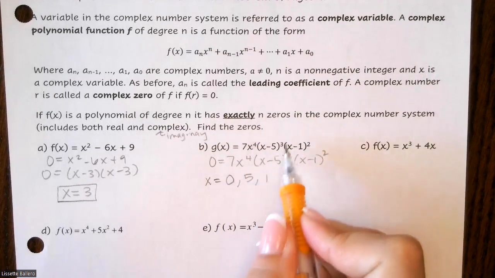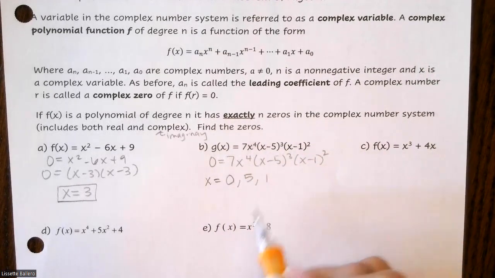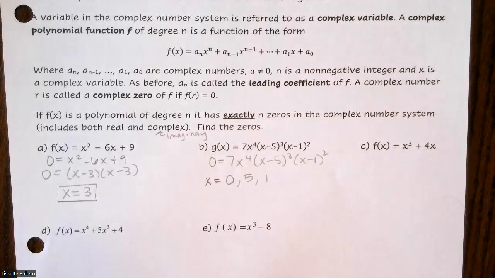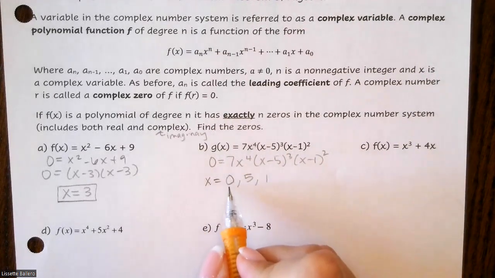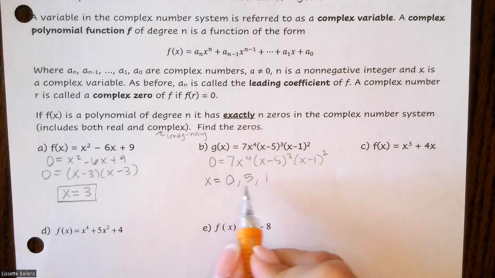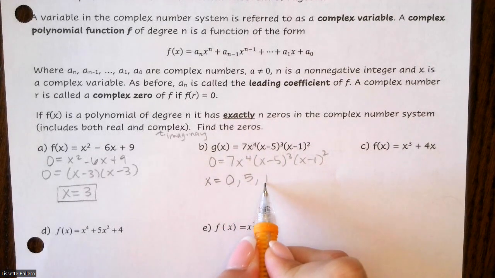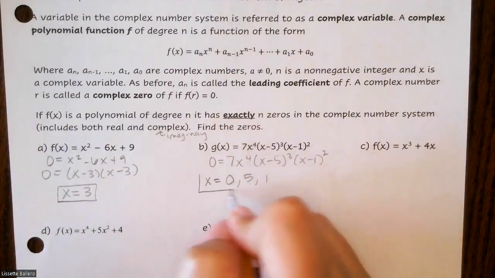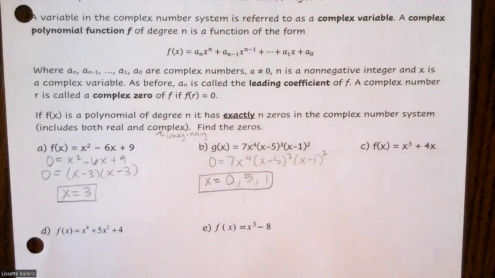This one has a multiplicity of 3, so it's going to be a point of inflection, and this one has a multiplicity of 2, so it's going to be tangent at that point as well. So this has a multiplicity of 4, this has a multiplicity of 3, and this has a multiplicity of 2, so that is considered the 9 solutions for that polynomial. If you multiplied it out, that would be the degree.